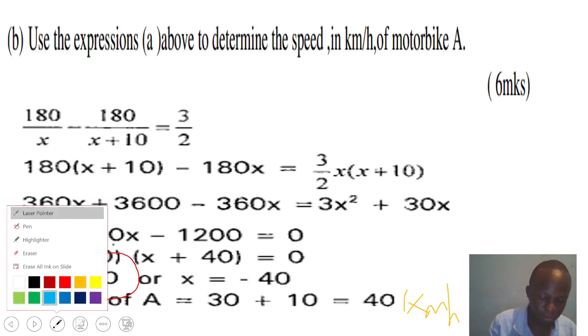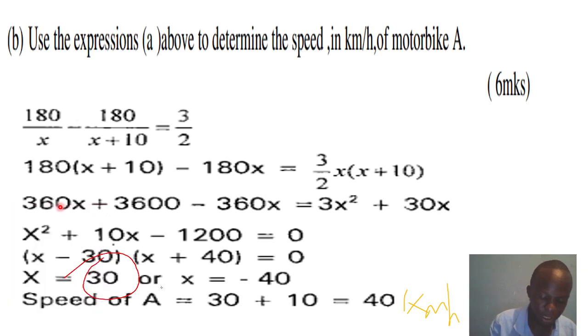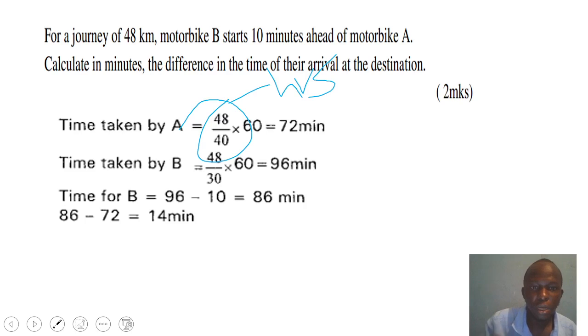This 30 is the speed of B. Once again, note that this speed is in kilometers per hour, so we have to multiply by 60 to get the times to be in minutes.